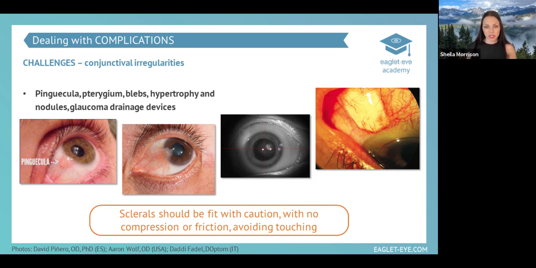When we fit lenses on elevated spots without accounting for them, we can create all kinds of problems. So a pinguecula that you see in this picture, starting out as just an elevated bump, can become inflamed, painful, and it can grow. And so sclerals certainly need to be fit with caution. And today we do have the technology to provide and create these amazing designs to actually vault over and most appropriately fit shapes like this so that we do avoid that compression, friction, and touching.